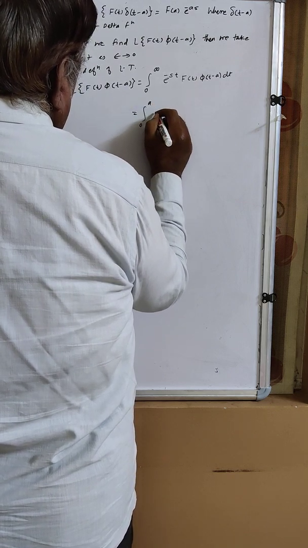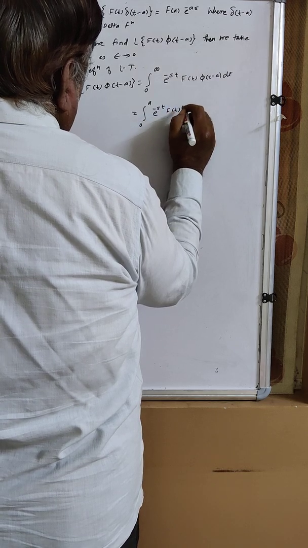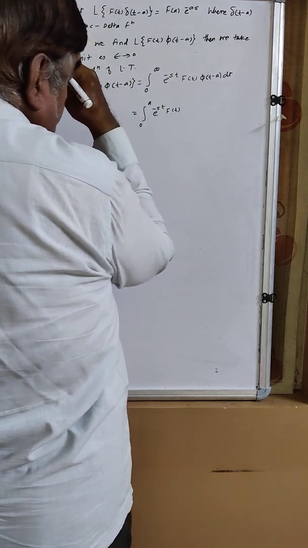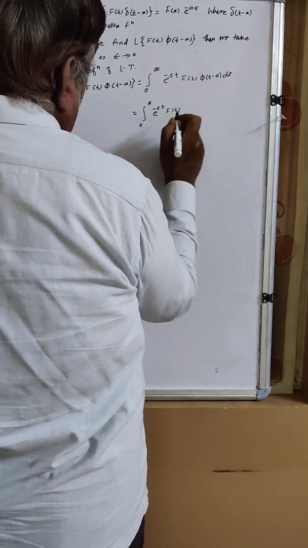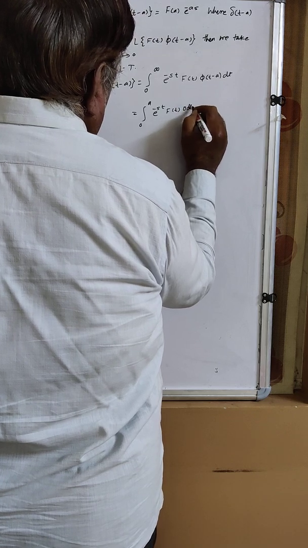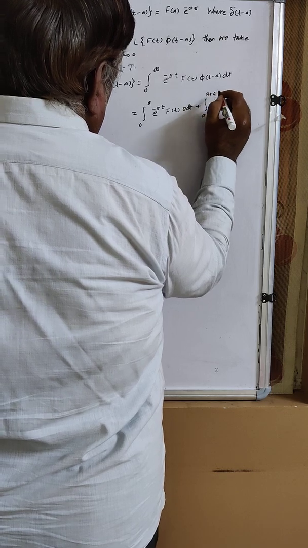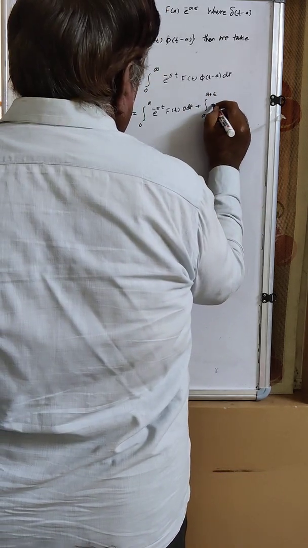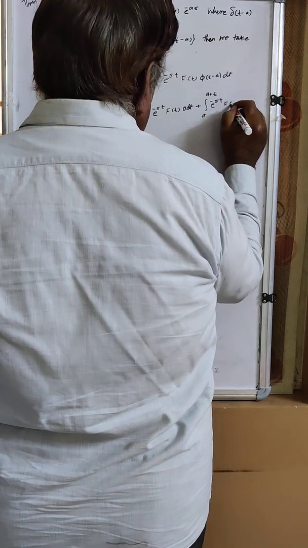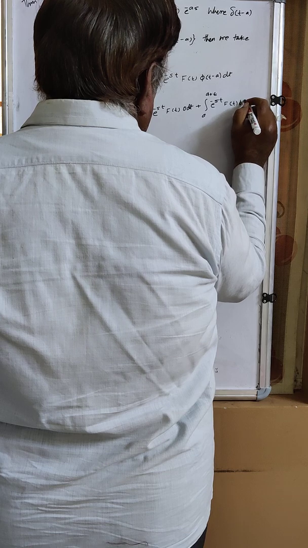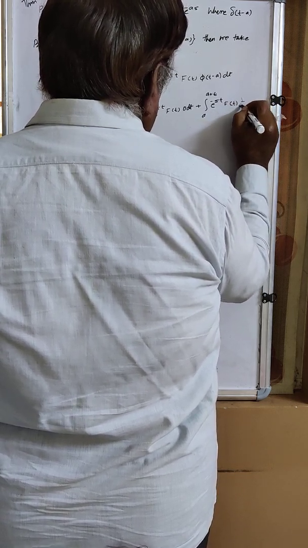From 0 to a, e raised to minus st f(t), and using the definition of the Dirac delta function, phi of t minus a for this interval 0 to a is 0, dt, plus the integral from a to a plus epsilon of e raised to minus st f(t) times 1 upon epsilon dt.